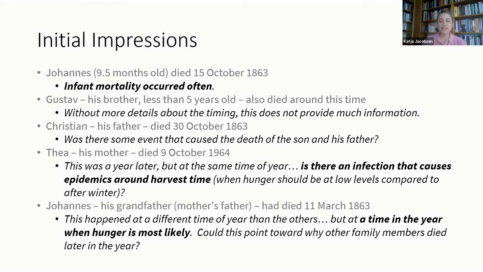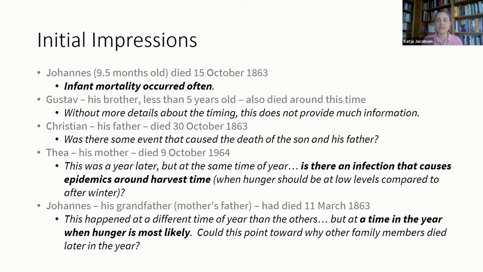The mother dying a year later at the same time of year maybe raises a question about whether there's some sort of infection that causes epidemics around harvest time. The challenge there would be that typically we see, when it's not something like the dysentery that we just saw or smallpox, harvest time at the end of the summer is when most people were at their most well-nourished, because they're able to eat berries and fish during the summer.